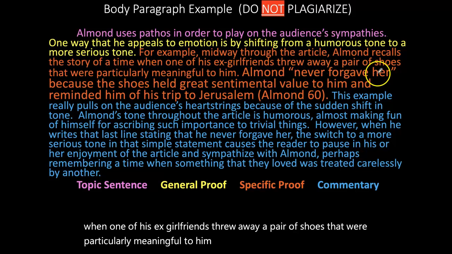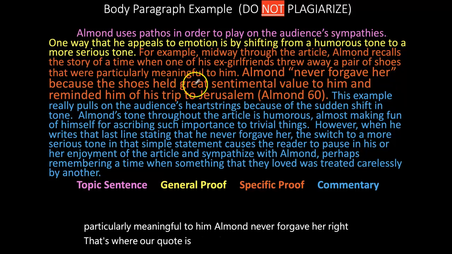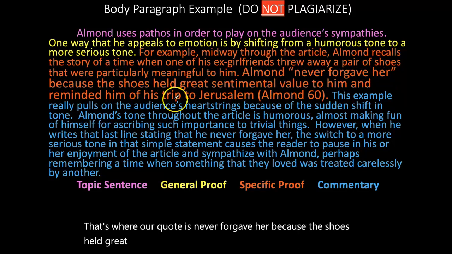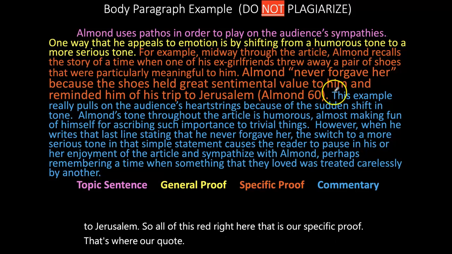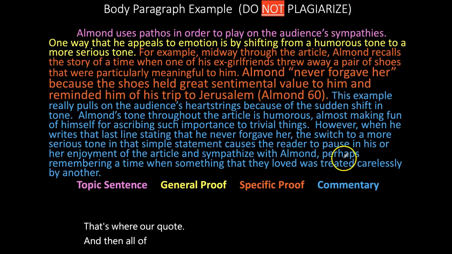Almond never forgave her. All right, that's where our quote is. Never forgave her because the shoes held great sentimental value to him and reminded him of his trip to Jerusalem. So all of this red right here, that is our specific proof. That's where our quote is. And then all of this blue is commentary.